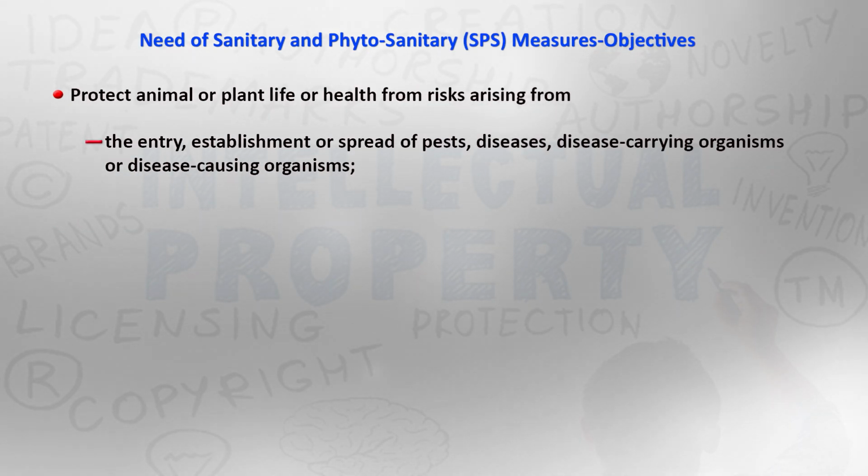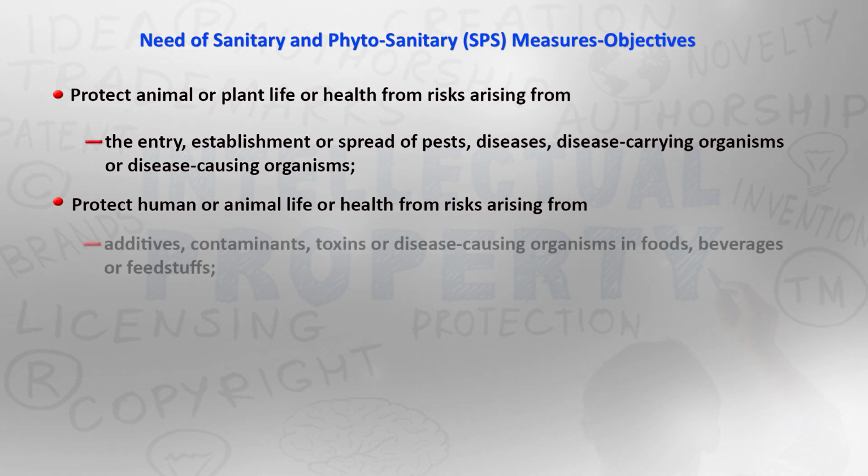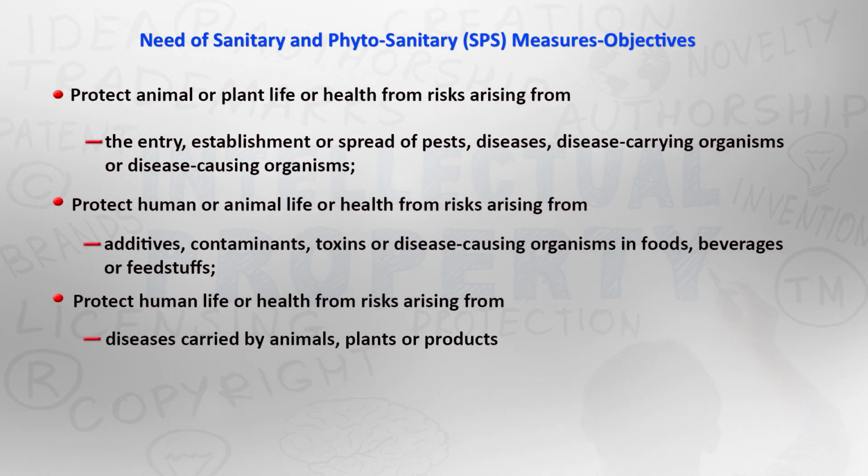The objective of these SPS measures is to protect animal or plant life or health from risks arising from the entry, establishment and spread of pests, disease, and disease-carrying or disease-causing organisms; to protect human and animal life or health from risks arising from additives, contaminants, toxins or disease-causing organisms in food, beverages or foodstuffs; and to protect human life or health from risks arising from diseases carried by animals, plants and products.